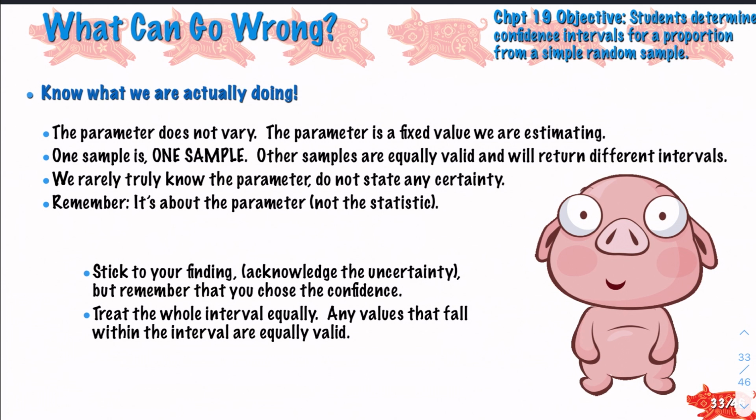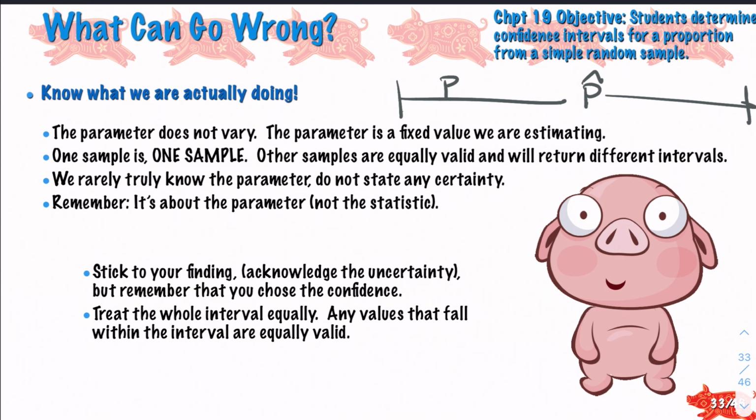So as always, what can go wrong? Know what we are actually doing. You're collecting some sort of data, you get a sample proportion, and we're trying to figure out whether, within a certain margin, a certain interval, our true population proportion is within it.